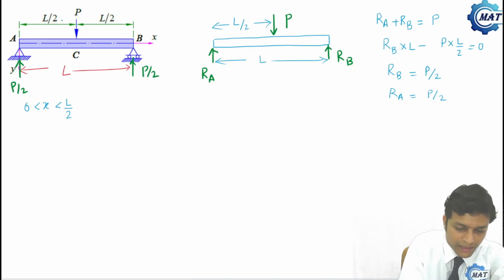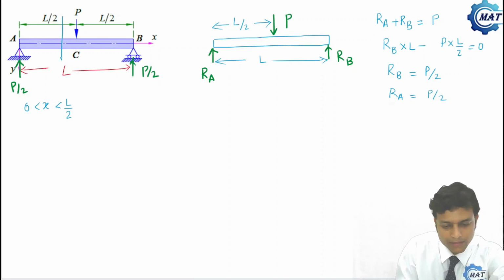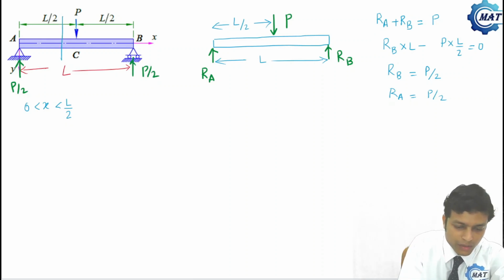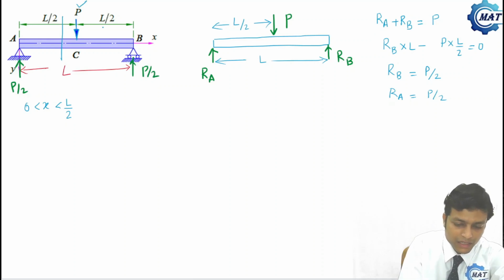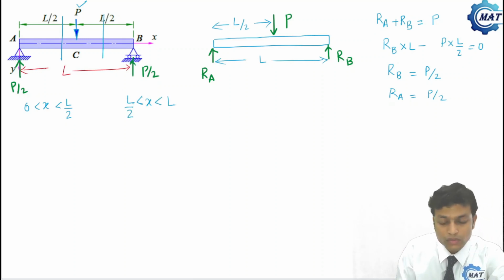So we'll take a section once here, but there is a discontinuity of force due to this concentrated load P. So we have to take another section whose range of x will be x greater than L by 2 and less than L. So we have to take two sections to complete the shear force and bending moment diagram.